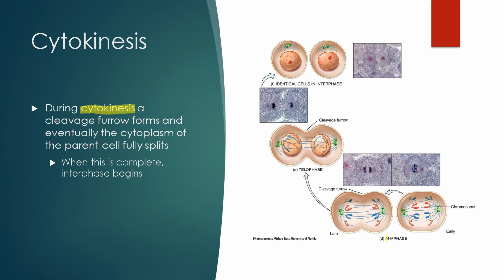So here we can see anaphase. This is when cytokinesis begins with the beginning of the cleavage furrow. In telophase, a little bit more of a cleavage furrow. But then after telophase, cytokinesis is finished when these cells are completely separate.